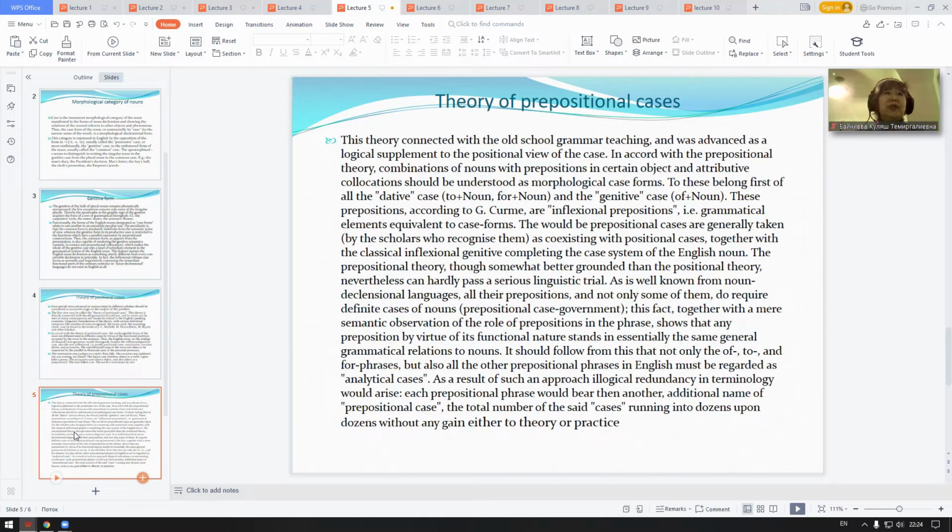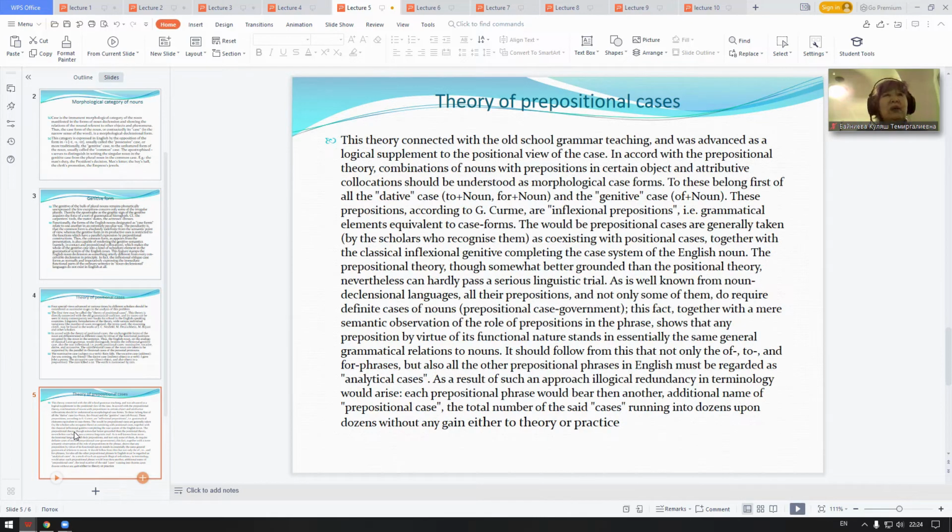Theory of prepositional cases. This theory connected with the old school grammar teaching was advanced as a logical supplement to the positional view of the case. In accord with the prepositional theory, combinations of nouns with prepositions in certain object and attributive collocations should be understood as morphological case forms.